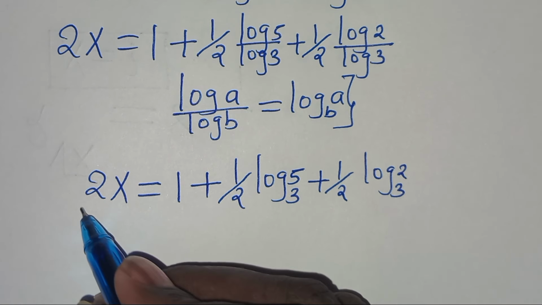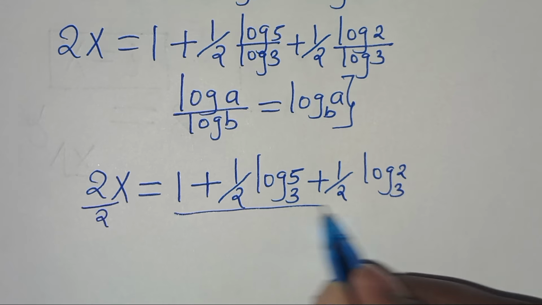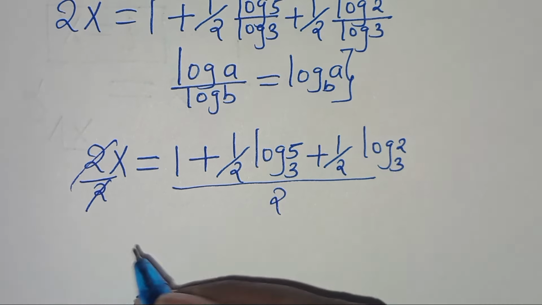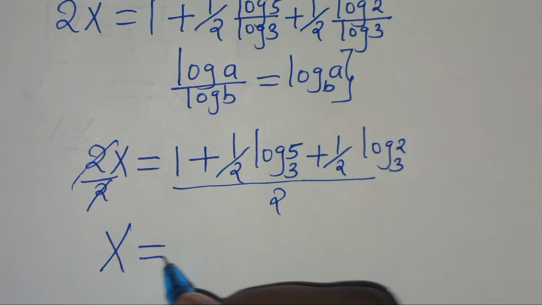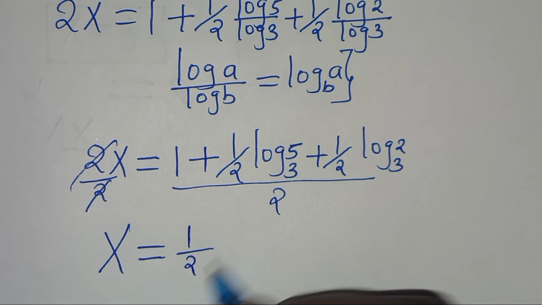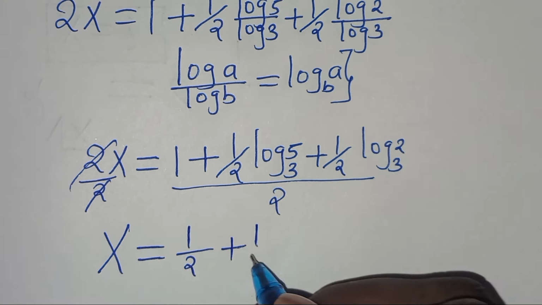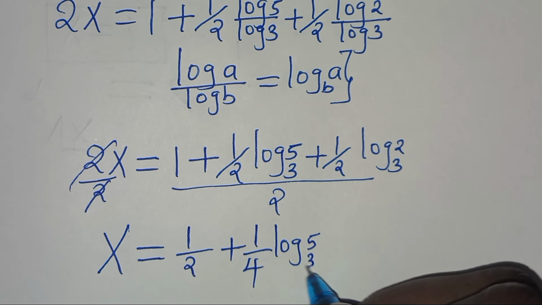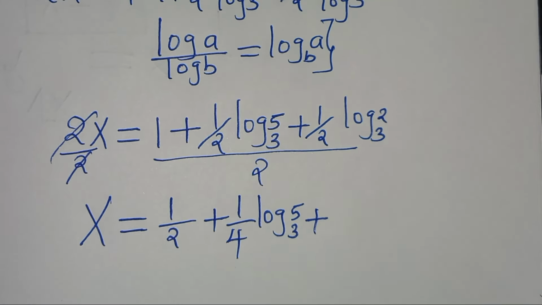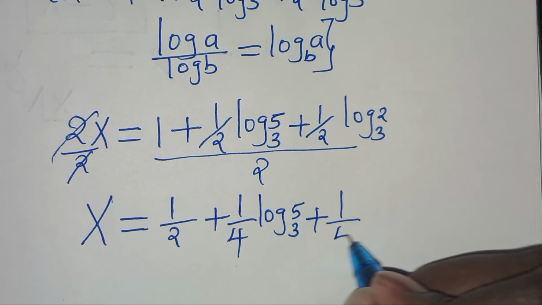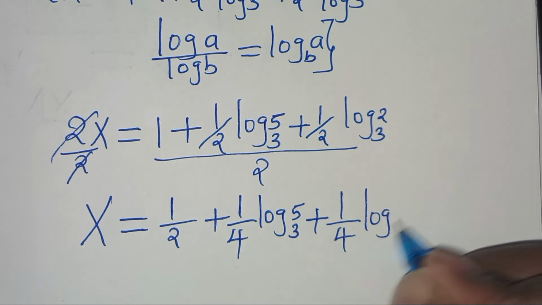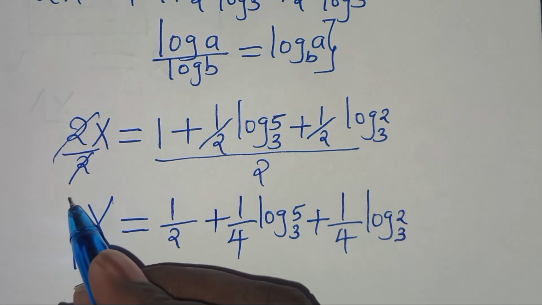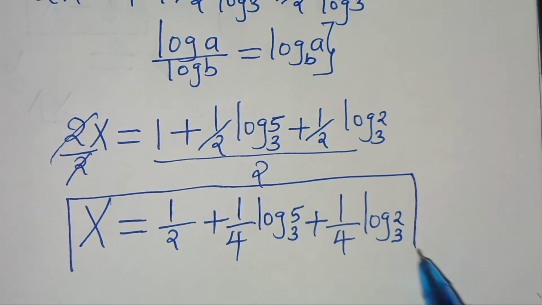Now let's divide everything here by 2, so that now we simplify here. So x is equal to 1 over 2 plus 1 over 4 log 5 to base 3, then plus 1 over 4 log 2 to base 3. Now, this is the value of x.